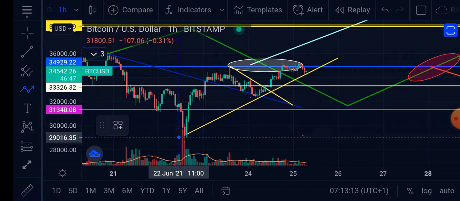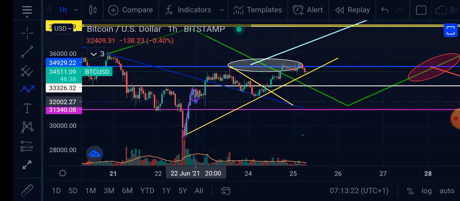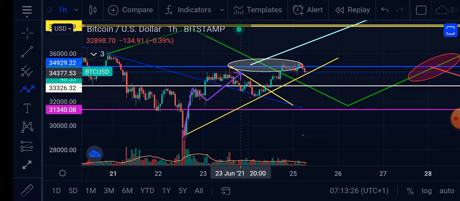So we took a swing high from here to here, then took this swing low, then took this swing high, though it's not very neat.